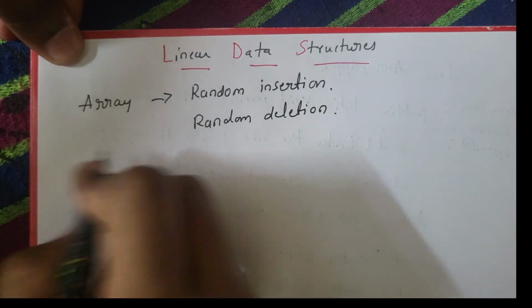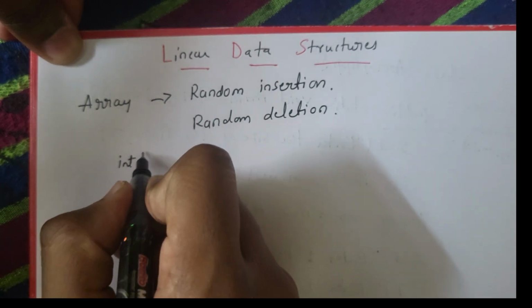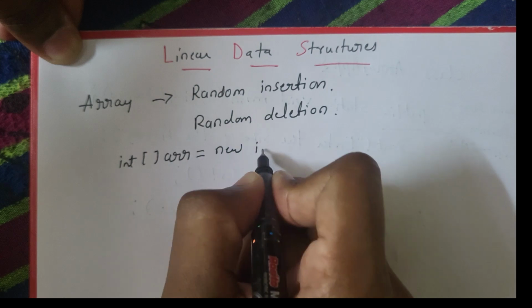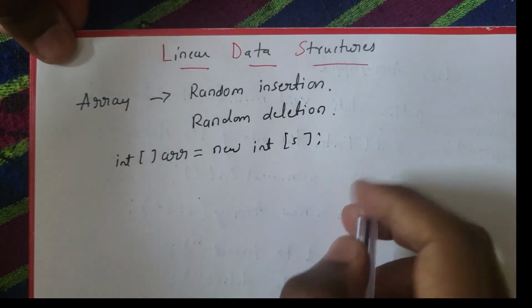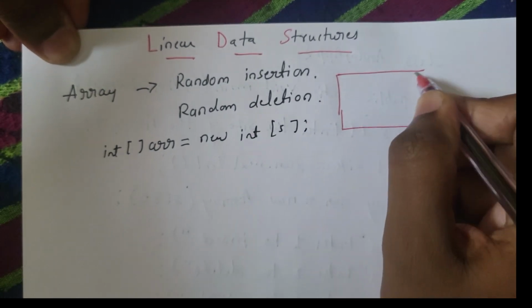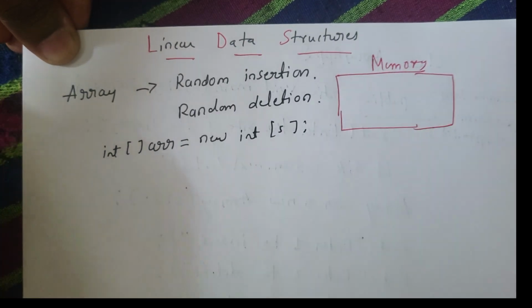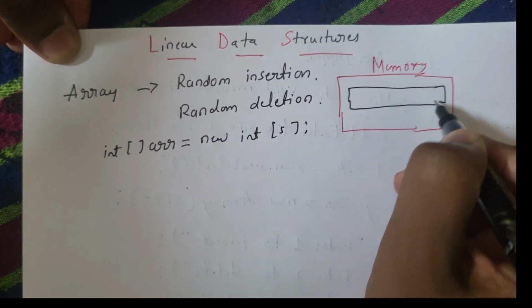Suppose consider one array of size 5. Suppose consider this as memory. One array would get created with size 5, right?